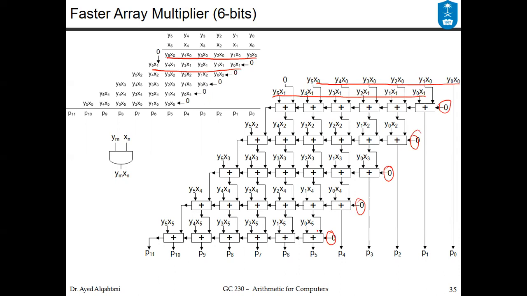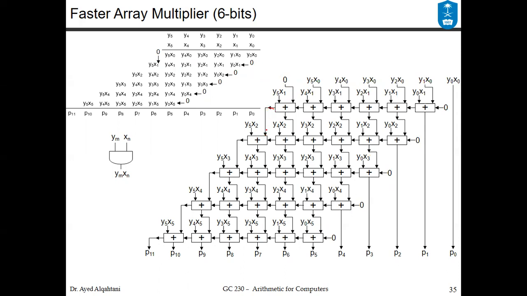And while you are building, you will notice also that this specific adder will have only this bit, and it needs another operand, which is going to be 0. And it will generate a carry out for you that's going to be the carry in, the first operand in the next row.